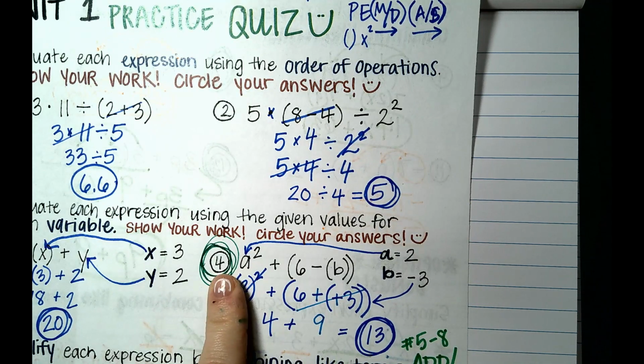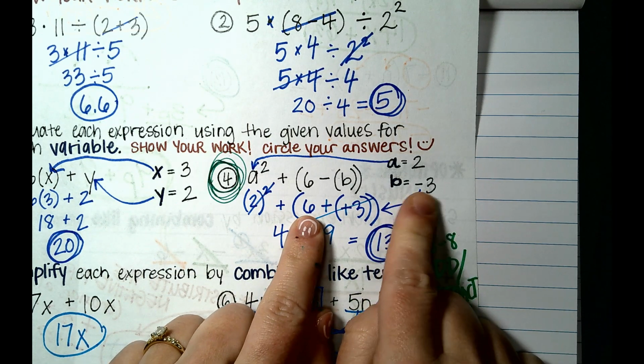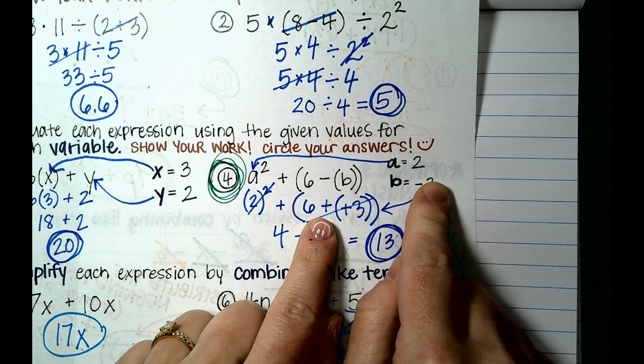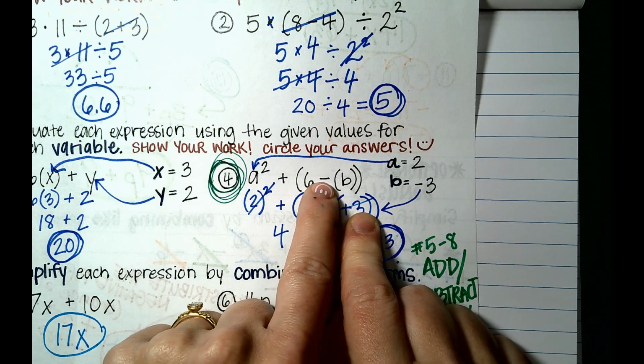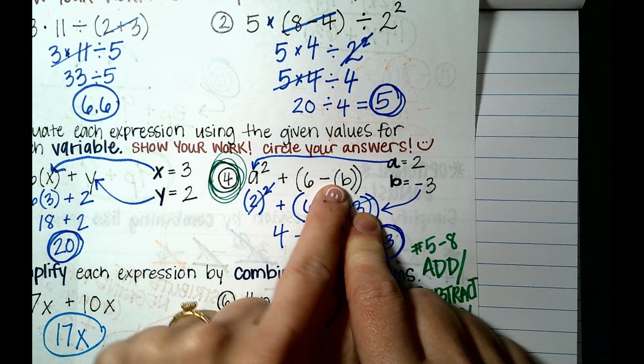So I'm going to start a new page, and we're going to start at number 4. And I think what's trickiest about number 4 is plugging in a negative number that's being subtracted. That's hard because it's so easy to forget that minus. So we're going to do a few problems where we have that exact same thing happening.